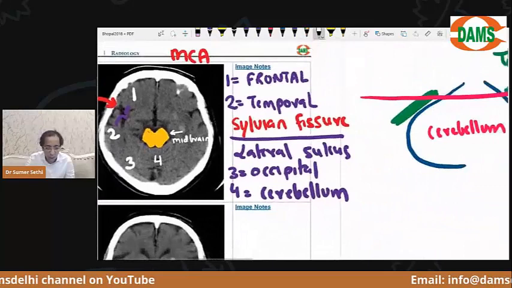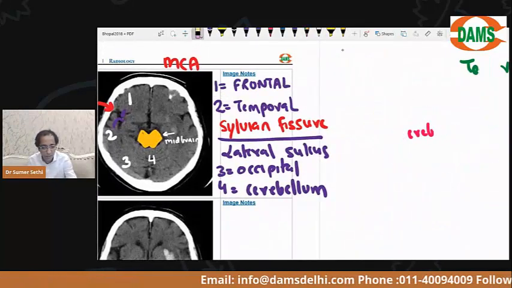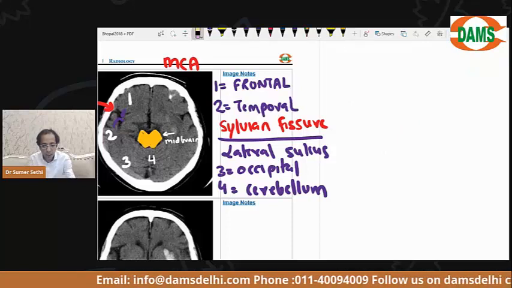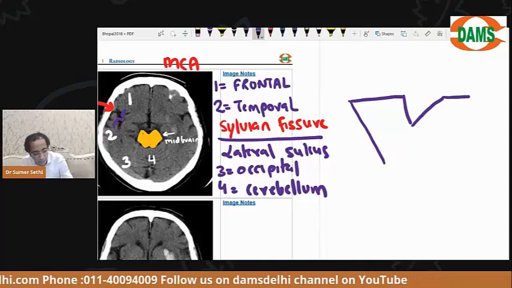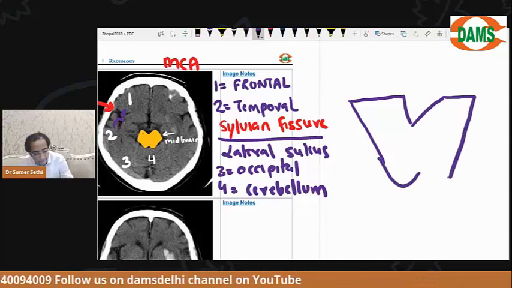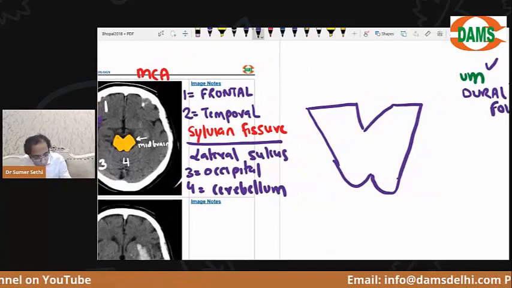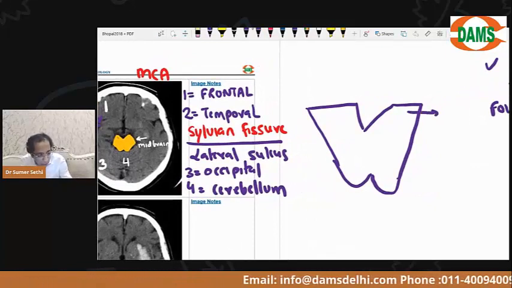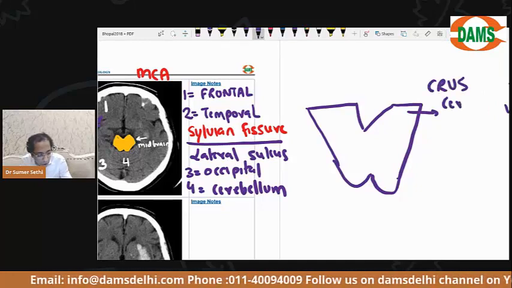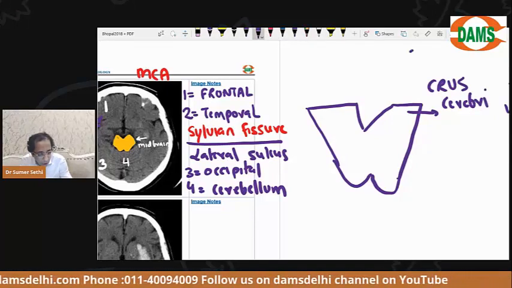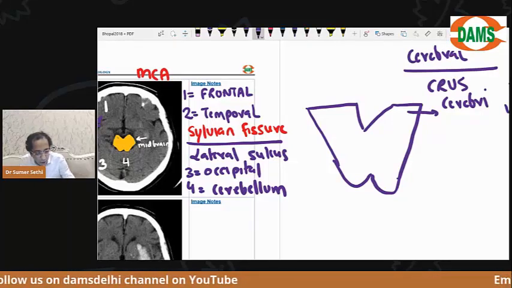So I'll draw the diagram of the midbrain on the side to make sure that you understand. Anatomically, the midbrain that you see here is like this. Anteriorly in the midbrain, this is called the crus cerebri, or in English we can say cerebral peduncle.